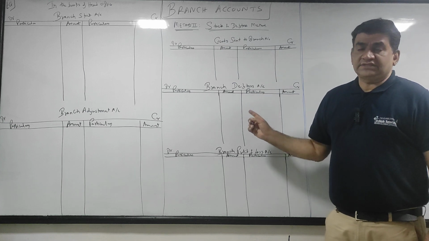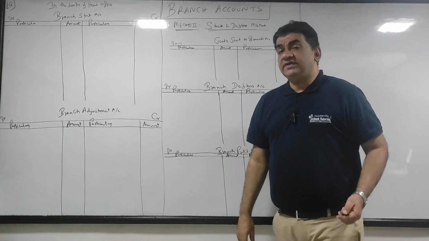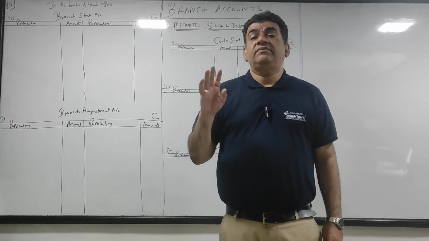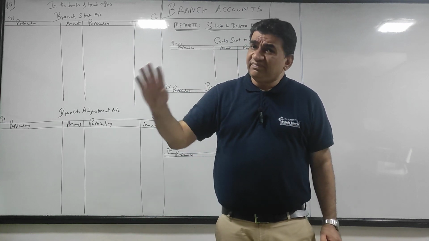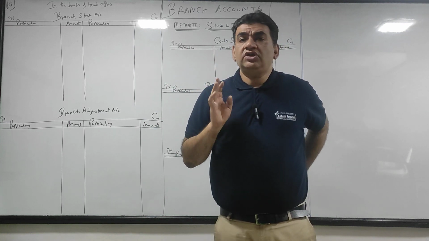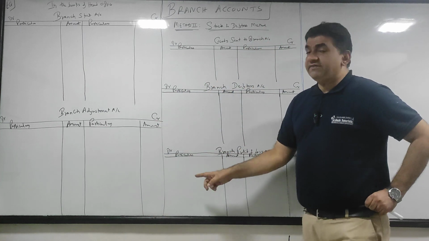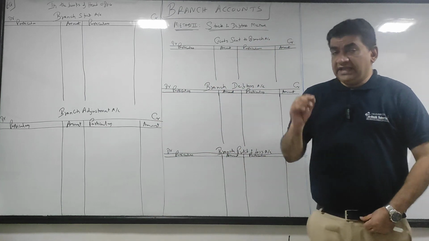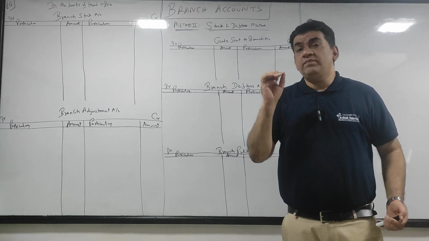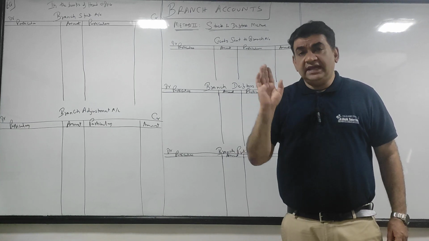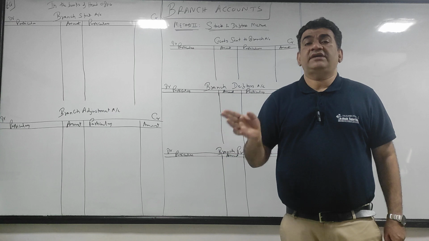In addition to this, if there are any specific accounts to be made, that will be mentioned in the question. Now, there's an account called branch expense, which if you see, I have not made it here. If the question says to make branch expense, then you will make branch expense, otherwise not required.